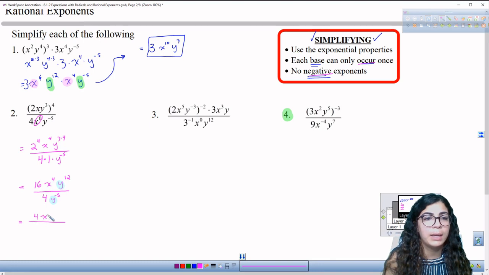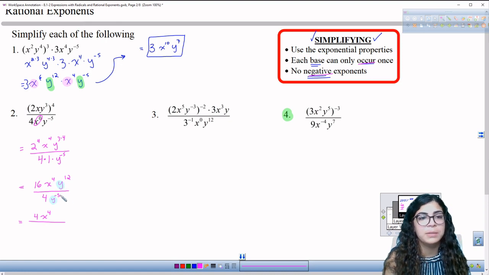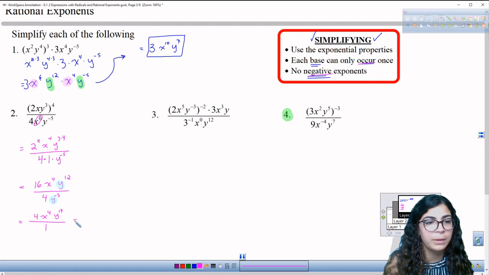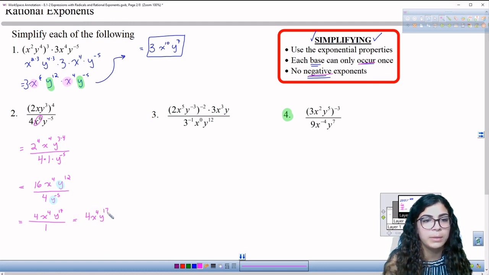And then, like I mentioned, 12 minus -5 will be 12 plus 5. So I have y to the power of 17. And so in the denominator, I just have 1. So in other words, our final answer is 4x to the power of 4, y to the power of 17.